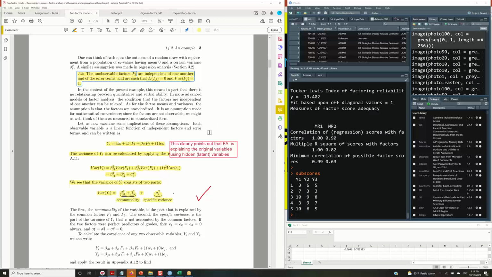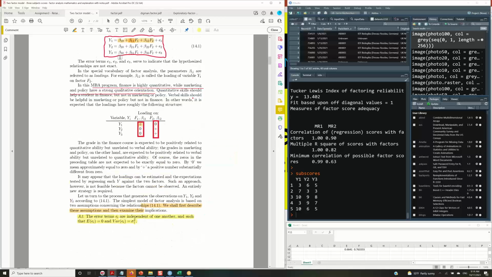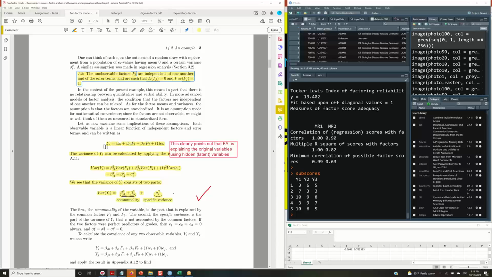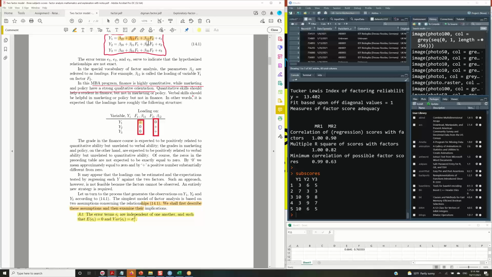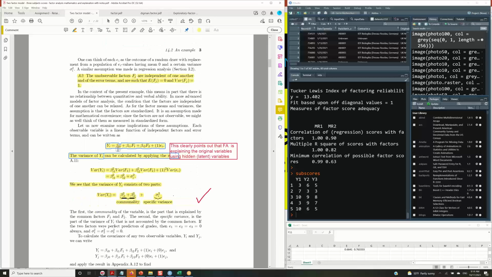Now, we wrote that this model of 3 equations is in simple form. I can write it like this. Agreed? Y1 is beta 1,0 plus beta 1,1 F1 plus beta 1,2 F2 plus epsilon 1. That's what we wrote. Like that, all these things can be written in general like this.